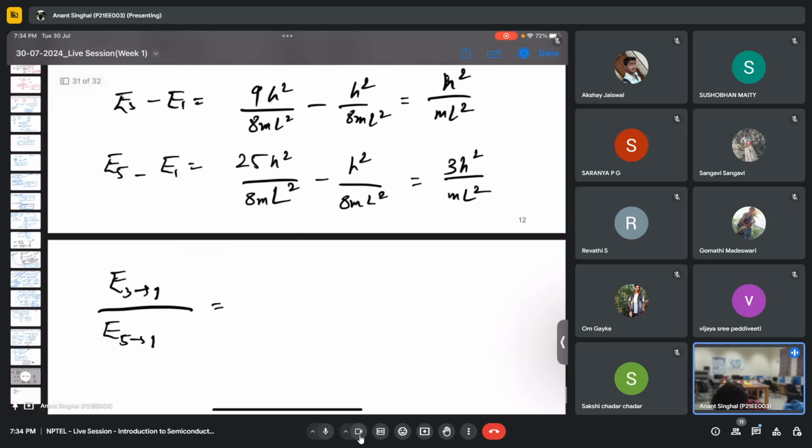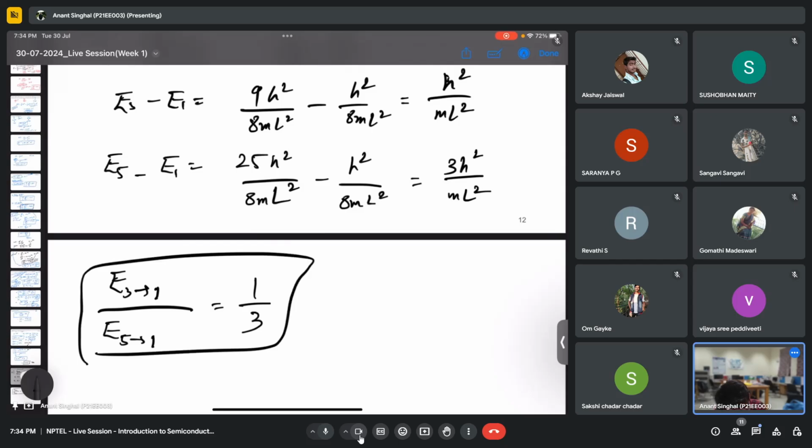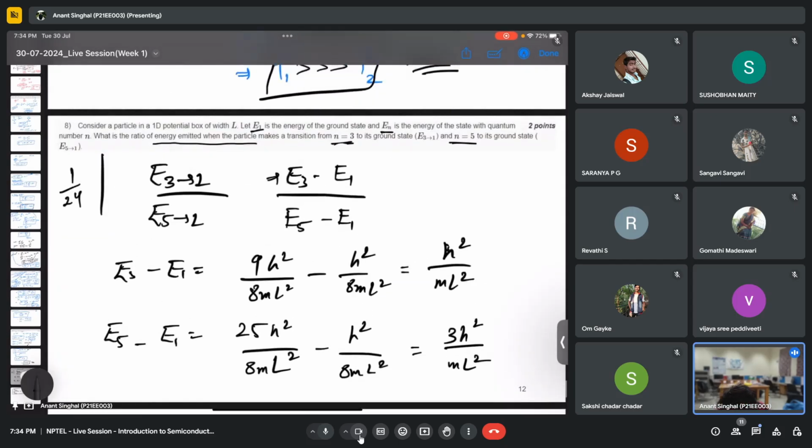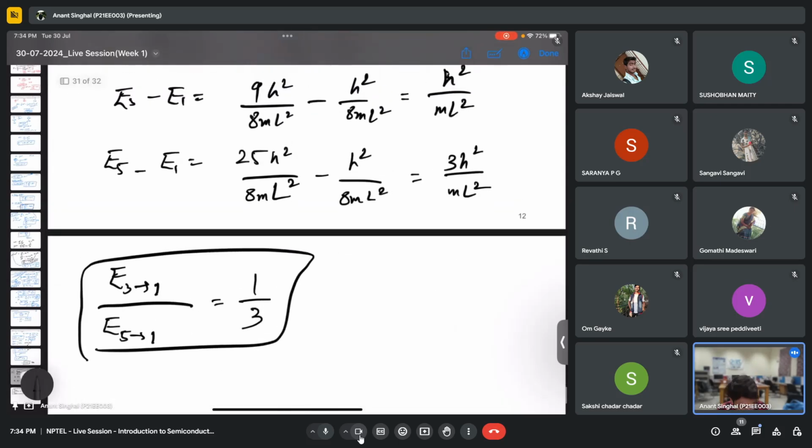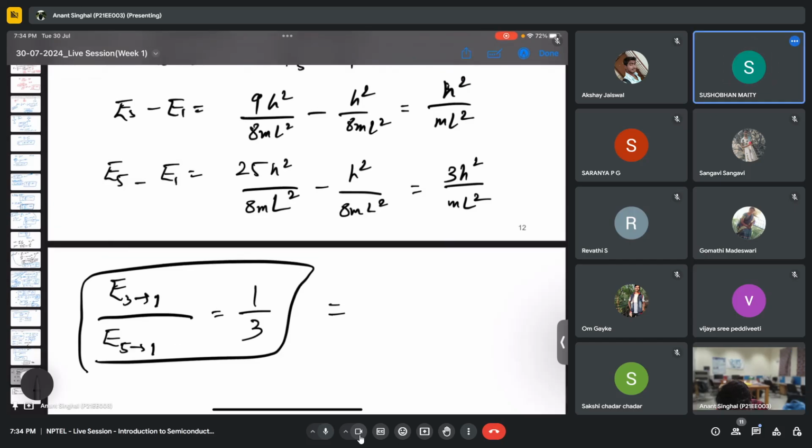So I can see this is basically 1 by 3 only. So how come you get 24? I'm not sure. Do you see your mistake? Yes, sir. I didn't count the 8 in the denominator. Okay, yeah, that is fine.